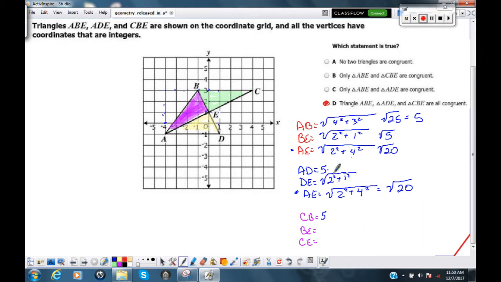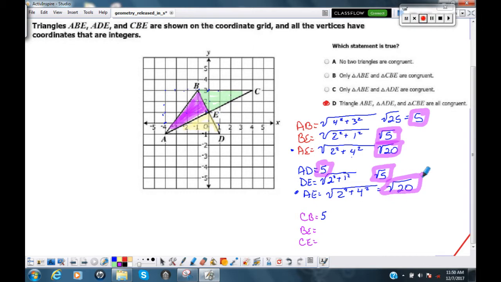So when I look at the blue, I know this is 4 plus 1, which is square root of 5. So when I look here, I have a 5 in common. I have square root of 5 in common and square root of 20.